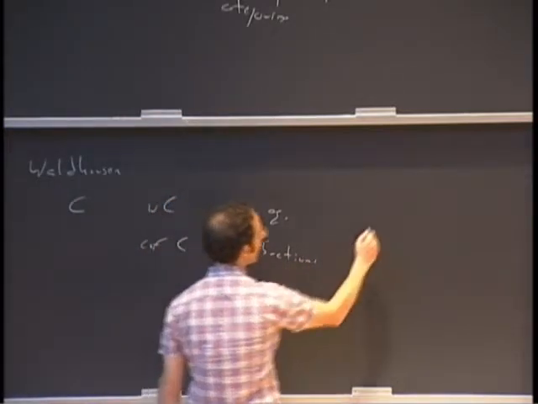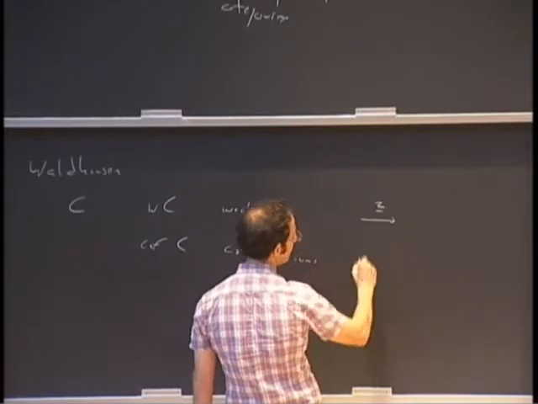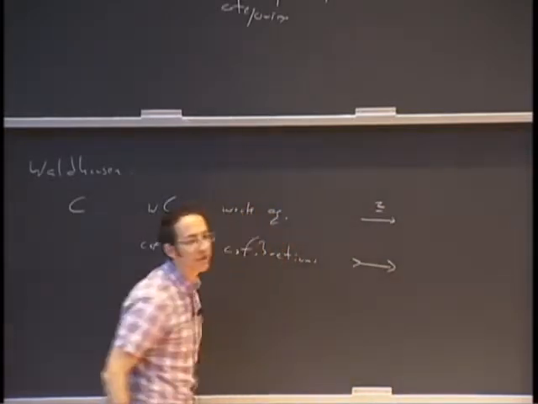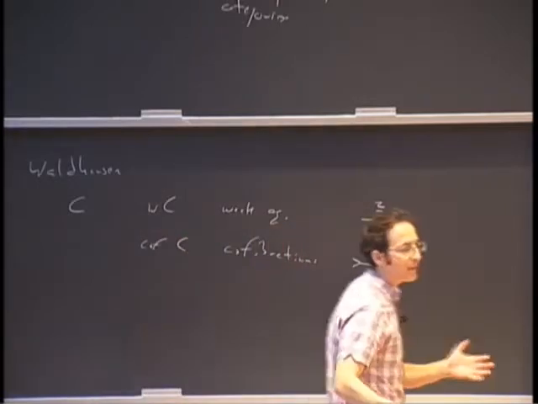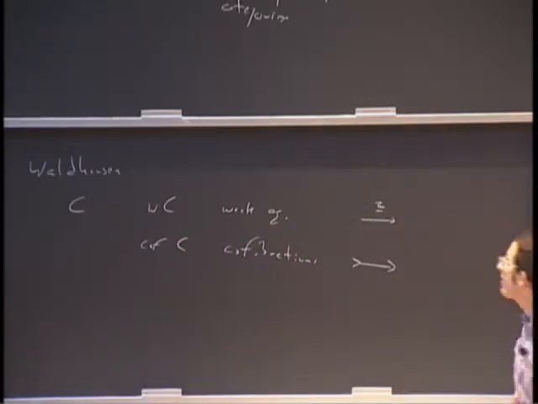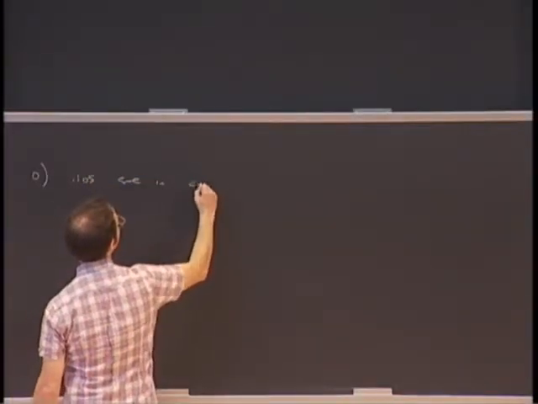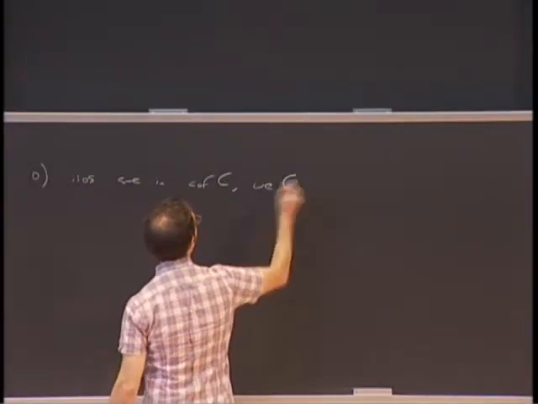And I'll tend to draw these using standard decorations. So you have a small category, you have these subcategories, but the important part is that these satisfy some axioms, of course. And so what are the axioms? Well, 0 is that all the isos are in CoFC and the weak equivalences.